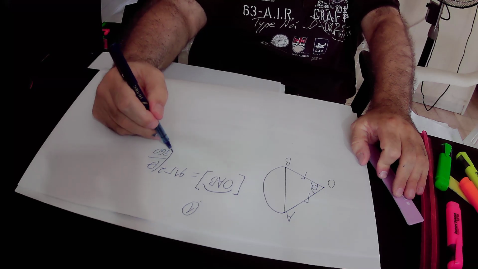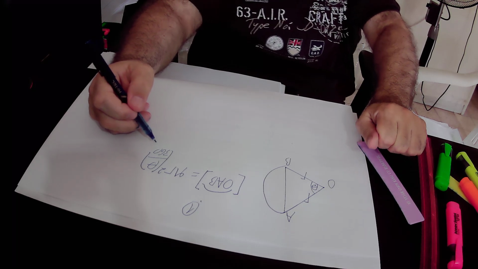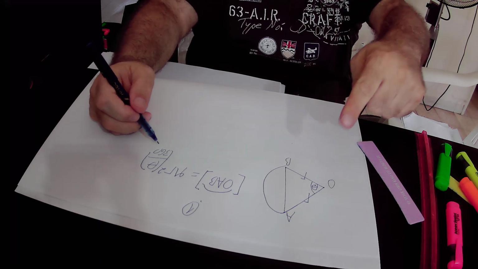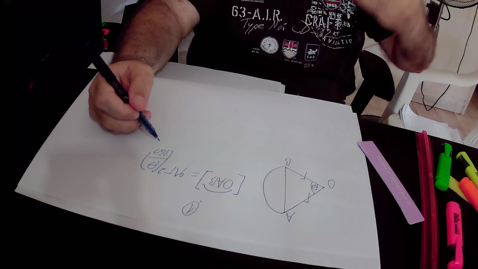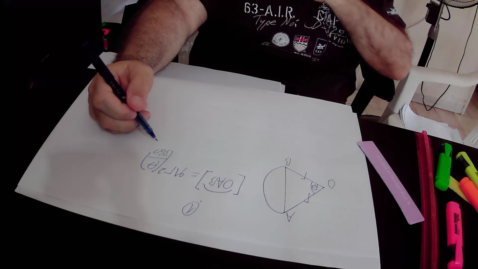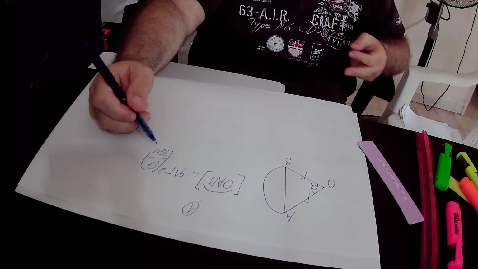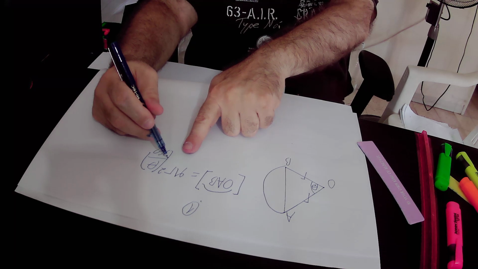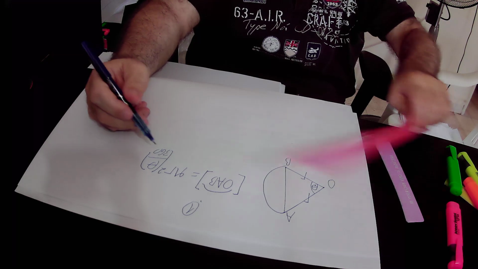So this ratio, theta over 360 degrees, gives us the relative percentage that this sector OAB occupies out of the entire area of the circle. And when we multiply the relative percentage by the area of the entire circle, that is pi r squared, we get exactly the area of this sector, sector OAB.